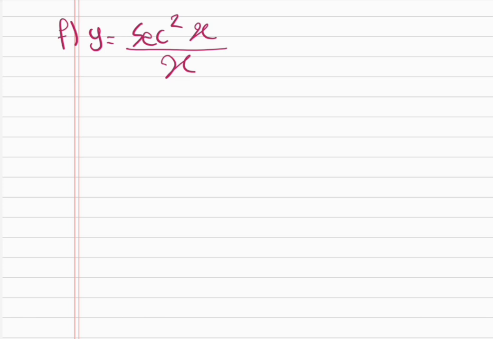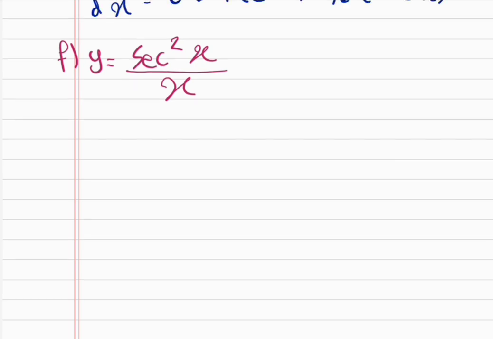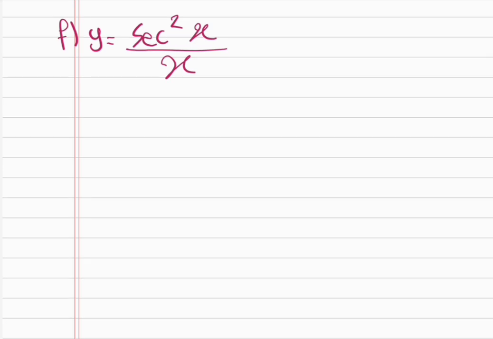Okay, now for question F, we have the function y is equal to sec squared x over x, and we want to differentiate this. This one is interesting because we are going to use 3 different techniques, or maybe 2 techniques, because we need to use the quotient rule. We have a fraction.